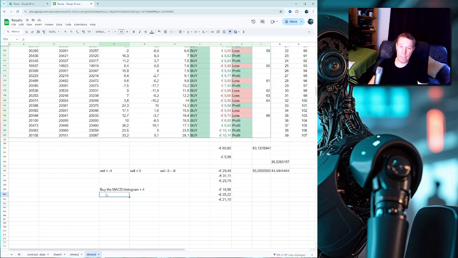And for a sell, the signal line should be smaller than 0.